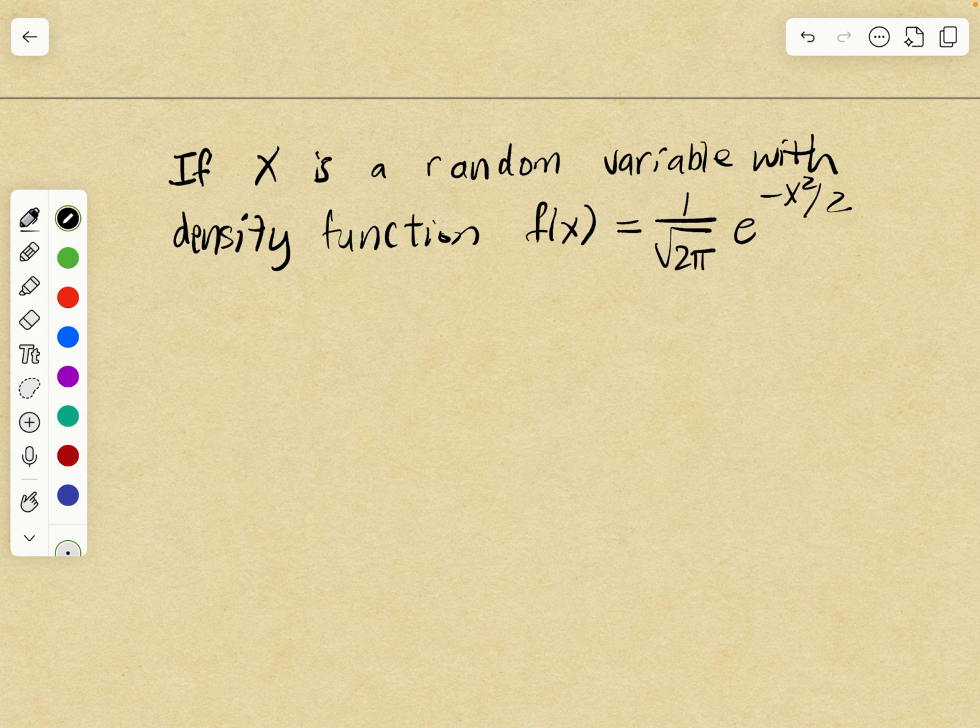One can check that when you integrate from minus infinity to infinity, this is equal to 1. There's a nice kind of polar coordinates proof of this. Okay. So if this density function is the density function of x, then we say that x has the standard normal distribution.